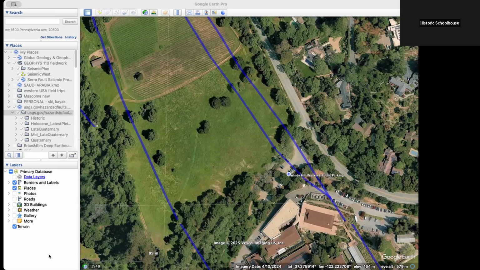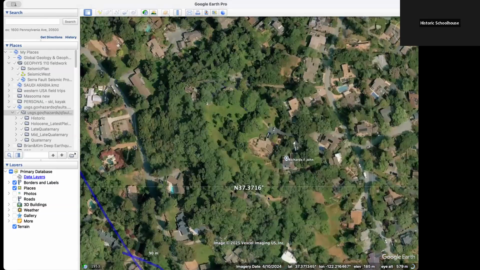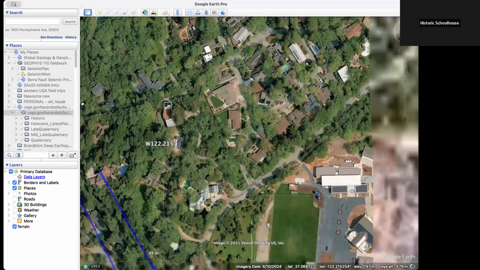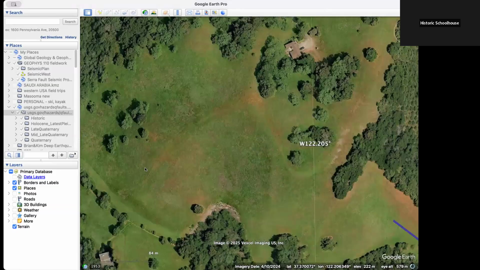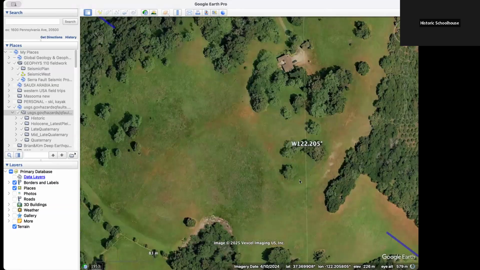The other is, again, the hawthorns, if I can find my way there. That's the other fault. And there the challenge is, again, I don't know where the property line is. I assume it is all Mid-Pen. I can show you the property line.